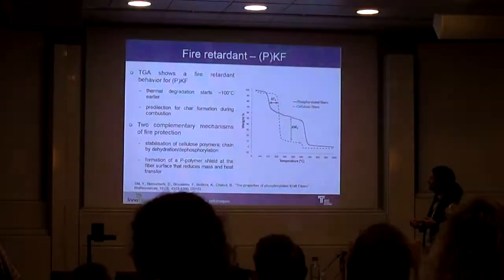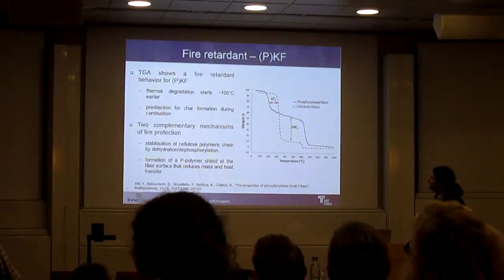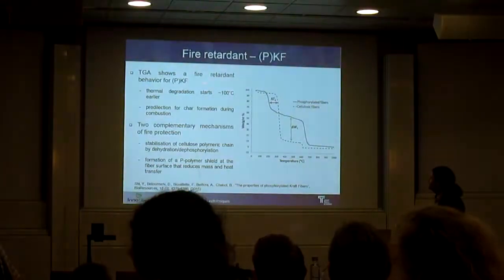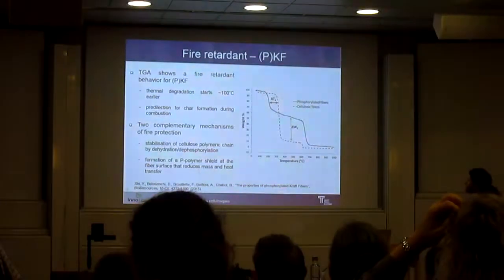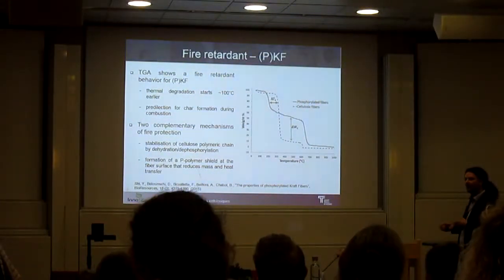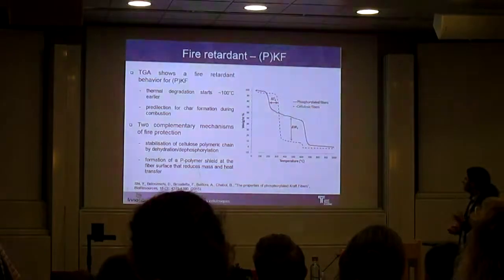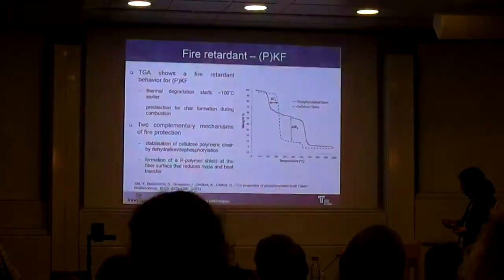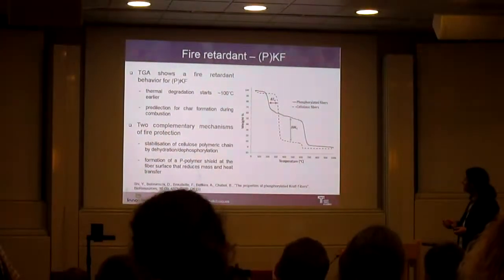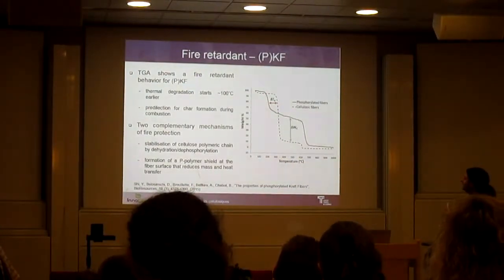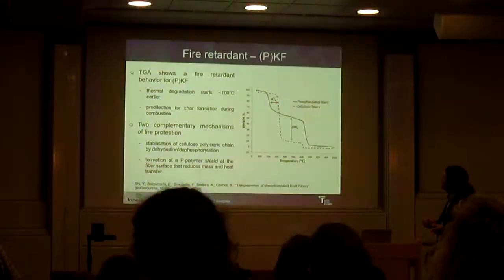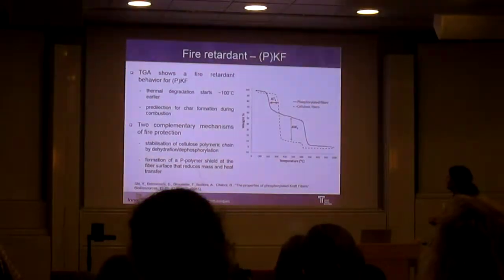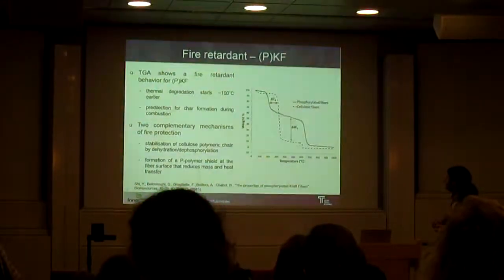The first evidence which gives you a measure of this fire retardant behavior is the TGA. If you make a TGA of phosphorylated fibers and compare with unphosphorylated fibers, we see that the onset thermal degradation temperature is below 100 degrees Celsius earlier in the case of phosphorylated fibers than the cellulosic fibers.